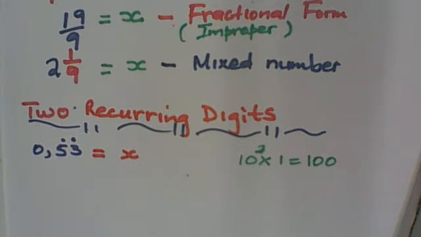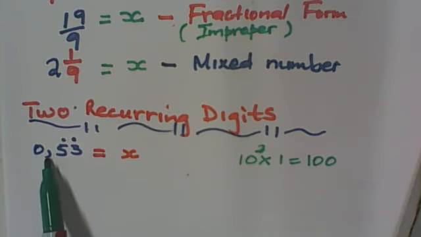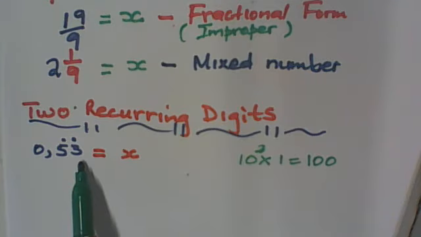Let us be clear on that. How many 10s are multiplying themselves? 2, because we have 2 recurring digits. So that will be exponential. It's 10 to the power 2, which is 10 times 10, and that is 100. So we are going to multiply here by 100. If we multiply by 100, the decimal point moves to the right.